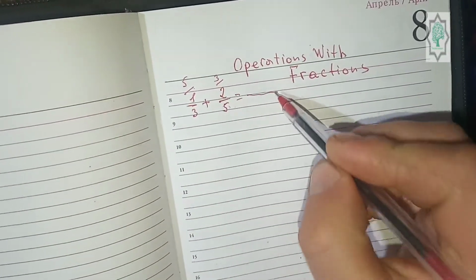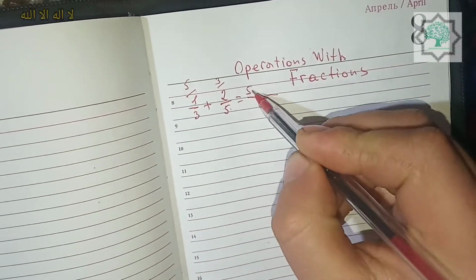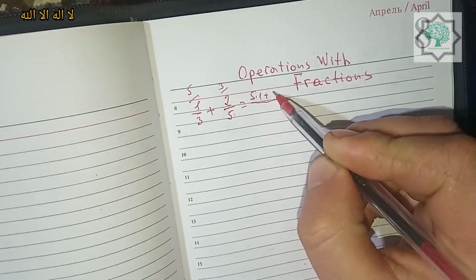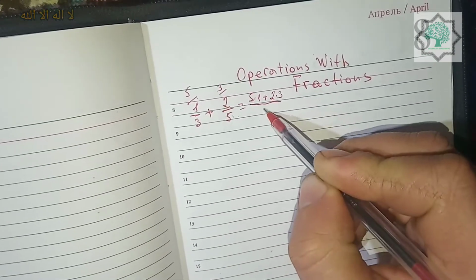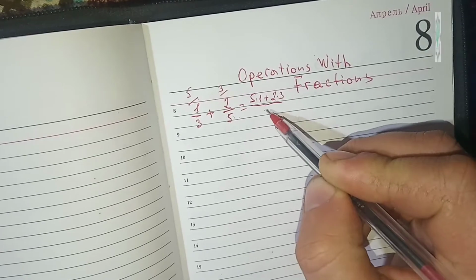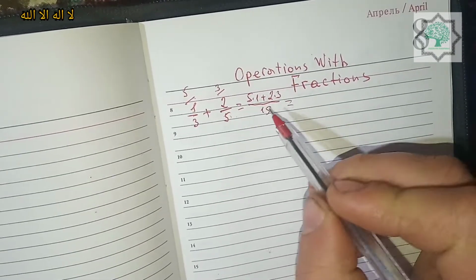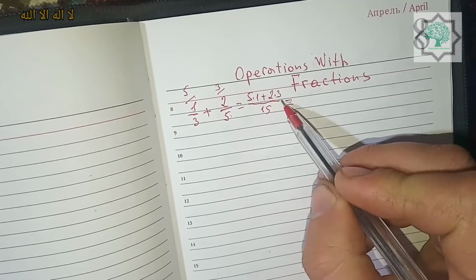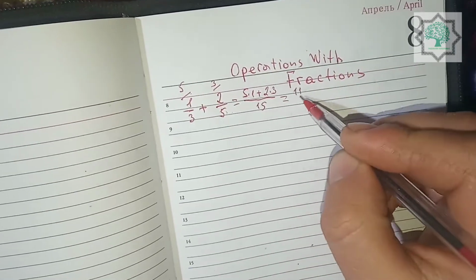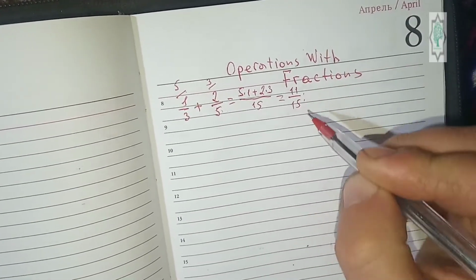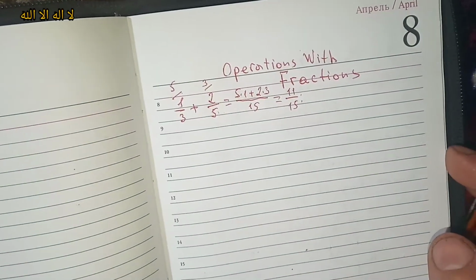So we multiply 5 by 1 plus 2 by 3, and in the denominator we write 15. Okay, so 5 plus 6, we have 11 over 15. It's too easy, very easy.